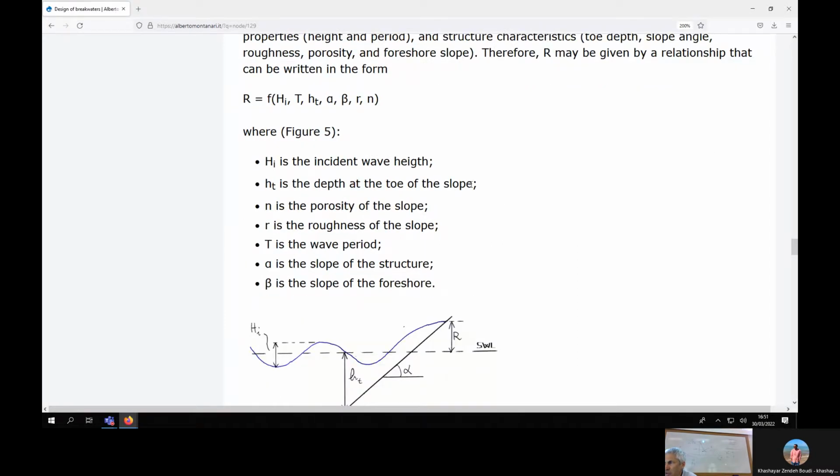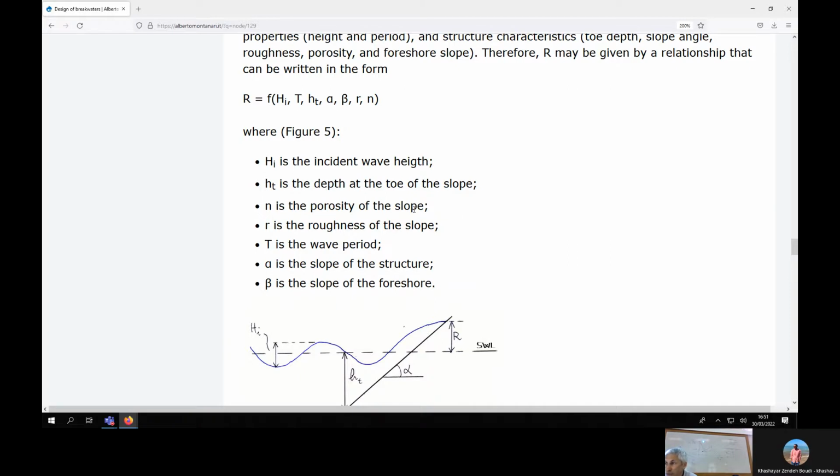There is a description of what the determinants of run-up are. So wave height, the depth at the toe of the slope, so water depth, and the porosity of the slope. Of course, if the porosity increases, then you have less run-up.